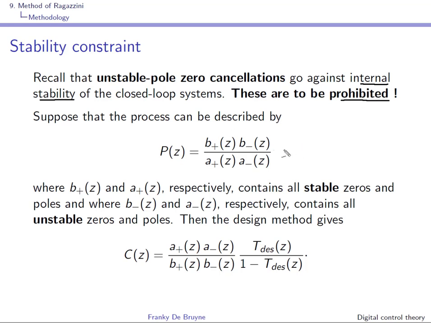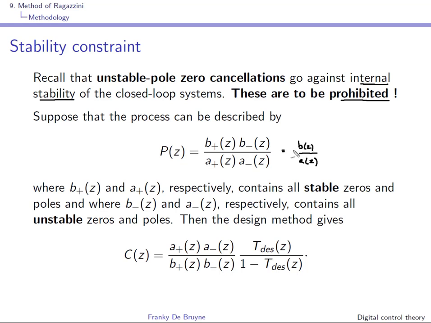We assume we're given a process described as a transfer function, with a polynomial b of z at the numerator and a polynomial a of z at the denominator. We factor both b of z and a of z so that one polynomial has the stable zeros and poles, the ones inside the unit circle, and the other has those outside the unit circle.